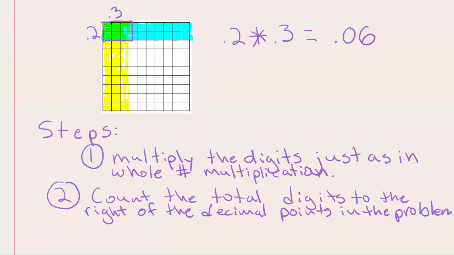So when we do that right here, we're going to see that we've got 1 decimal point to the right and 1 decimal point to the right, 1 digit after each of these decimal points.